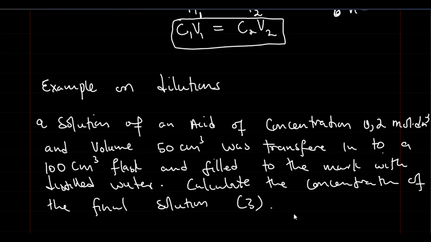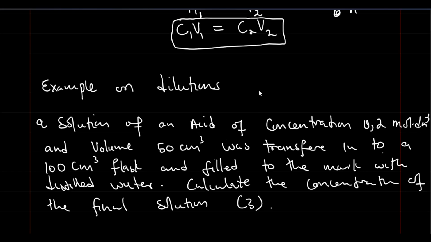The statement says a solution of an acid of concentration 0.2 moles per dm cube and volume 50 cubic centimeters. So this is the information for what? Before, the solution had a concentration of 0.2 and a volume of 50 cubic centimeters.